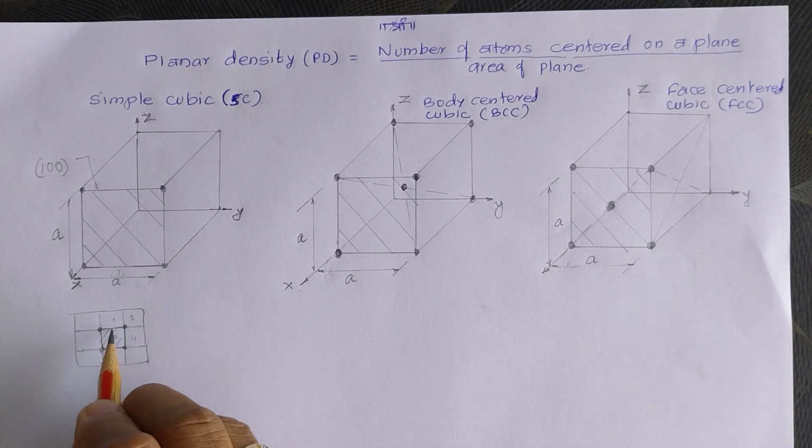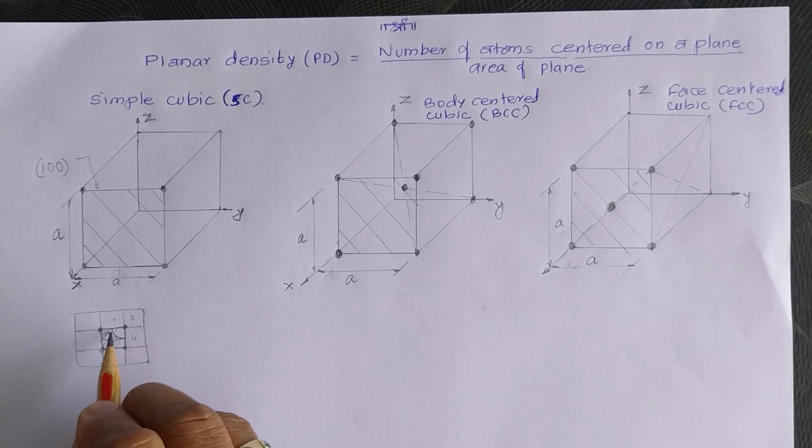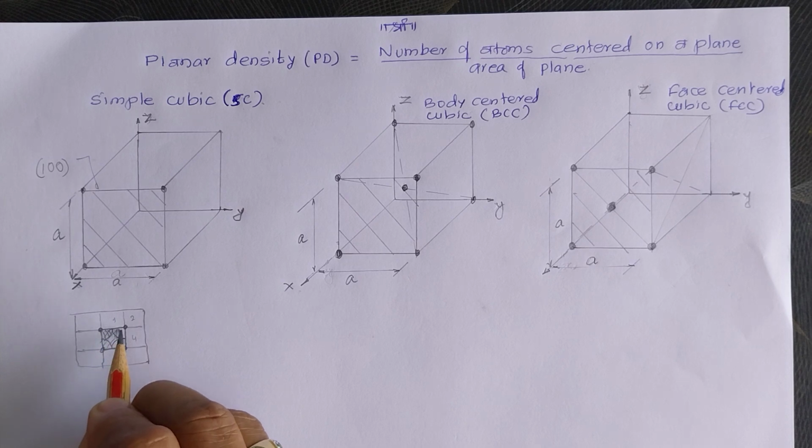So it is shared by 4, and therefore for a unit cell, only 1/4 of this atom is available for that particular unit cell.